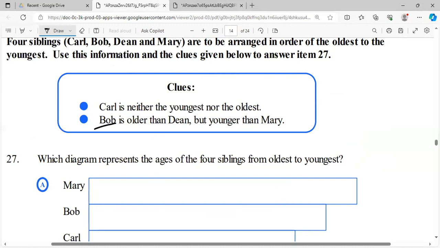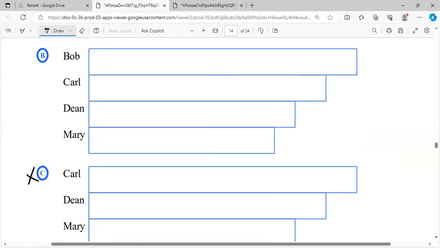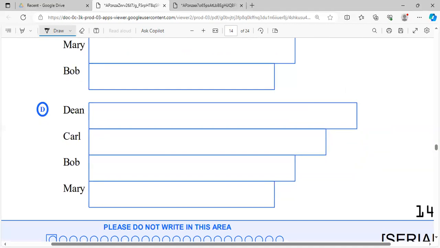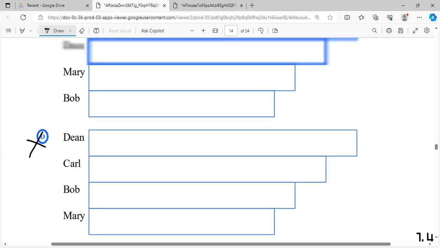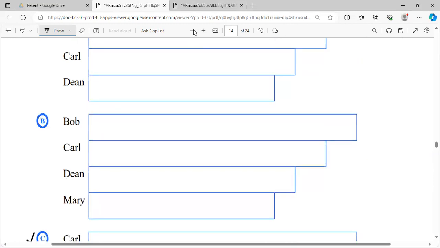Let's see. Bob comes before, but all of them Bob comes before. Oh, this one Dean comes before Bob, so we can eliminate this. Alright, cool. So we only have two options.